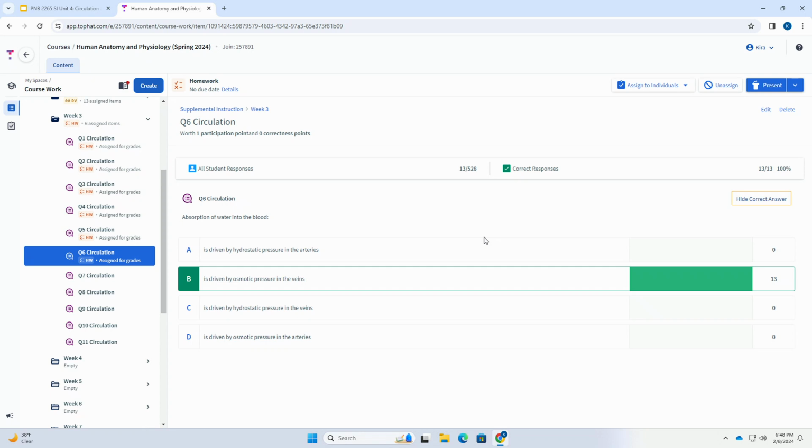That's creating that concentration difference almost that pulls the water back in. Any questions on filtration or absorption? Okay, cool.